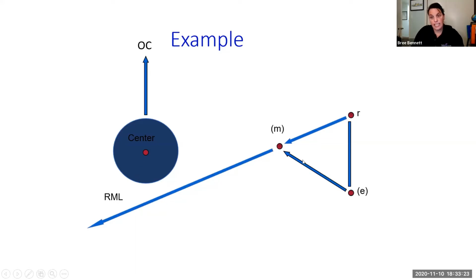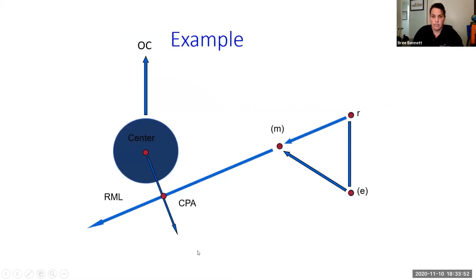If we connect E to M, we get their speed. The closest point of approach, so R to M, wherever the closest point that gets to the center of our circle is our CPA. How I like to do that is a right angle to our relative motion line.